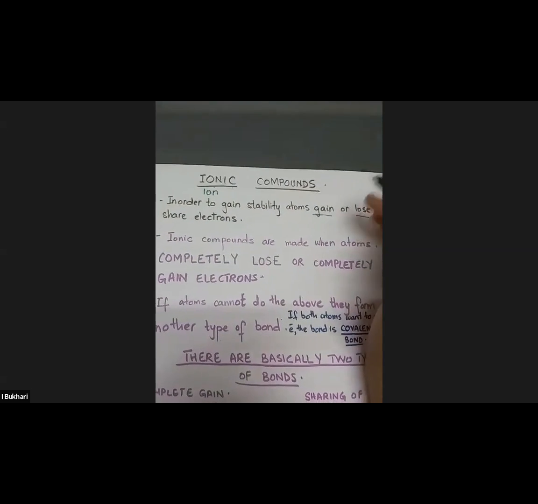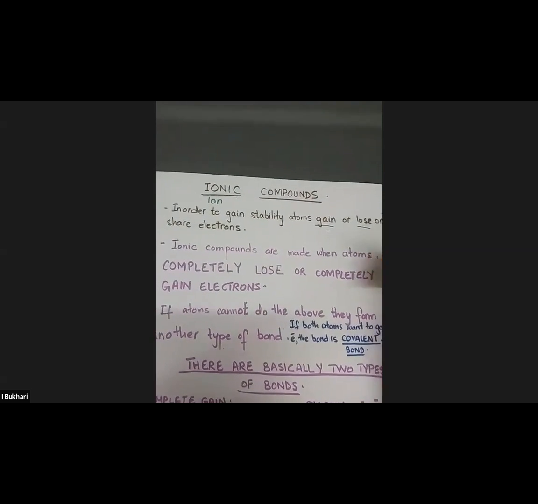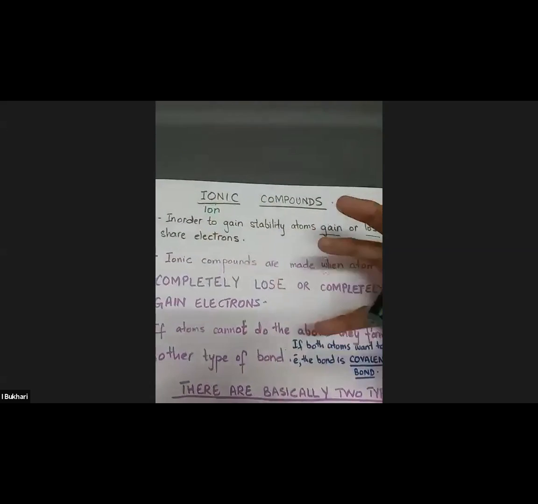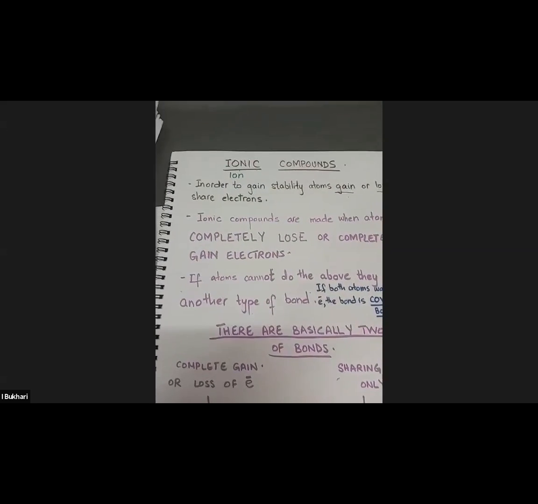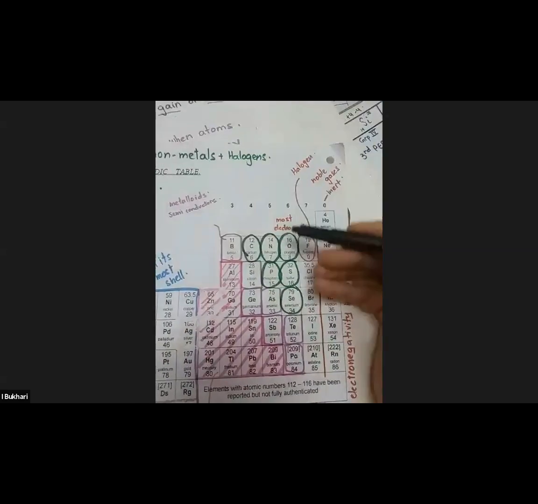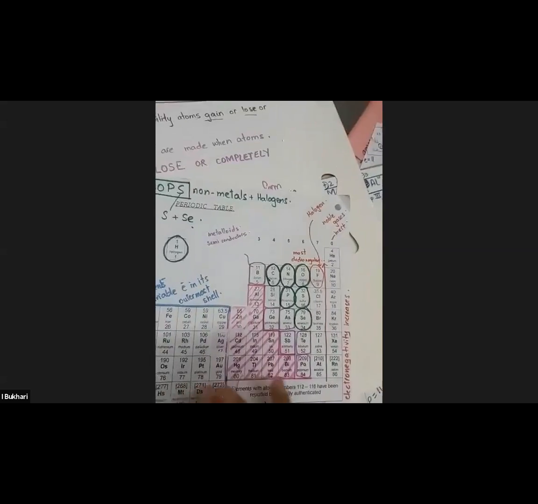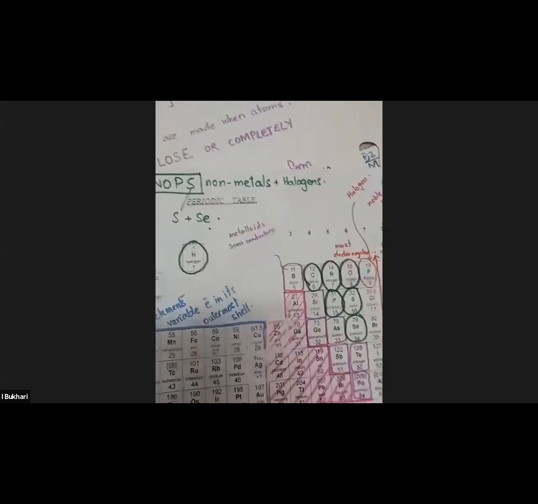And atoms that cannot completely gain or lose, but in fact both of them have to gain, such as oxygen with oxygen. You know, the oxygen molecule is oxygen with oxygen. Now both of them want to gain electrons.